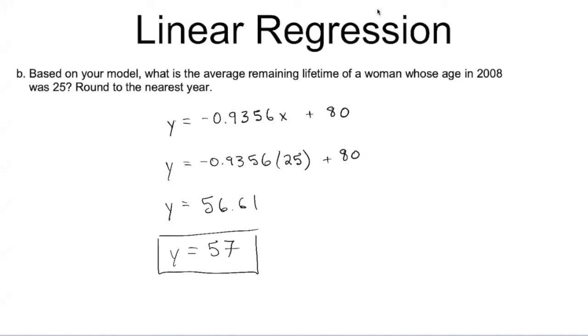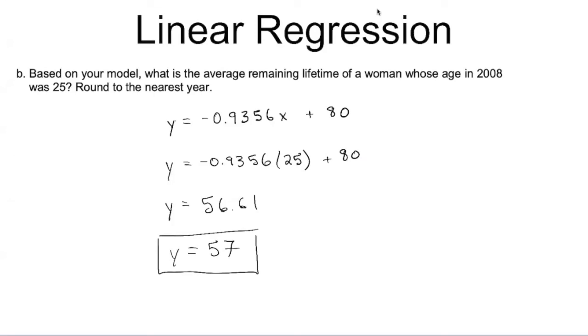And once we do that, we multiply 25 times -0.9356 and then add 80. We will end up with a result of 56.61, which rounds to 57.